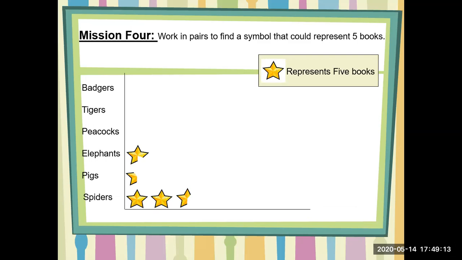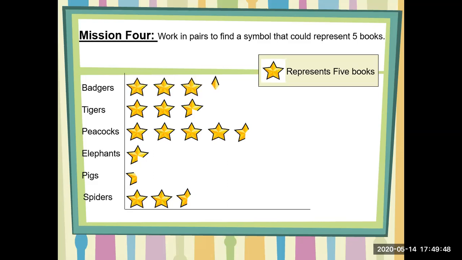Your peacocks, 23 divided by 5 is 4 and remainder 3, and you draw your 3-sided star shape as a remainder. Tiger is 14, and 14 divided by 5, you have your 2 full stars and the remainder 4 to depict that you have 4 left.